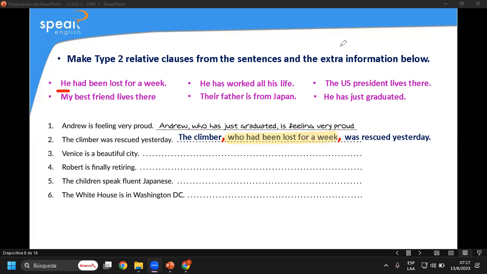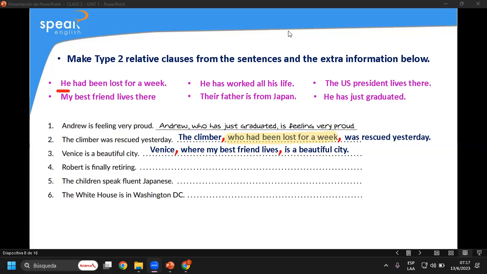Just remember that the extra information, guys, we are putting it in the middle. So that's why we put it in commas. So the idea that you got is a very good idea. Just switch the order. We can say, look, Venice, where my best friend lives, is a beautiful city.